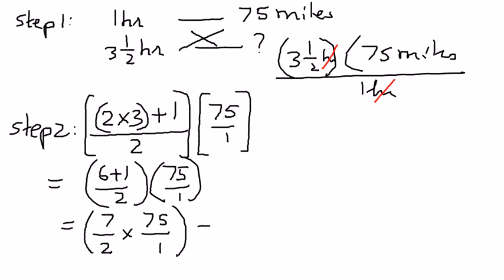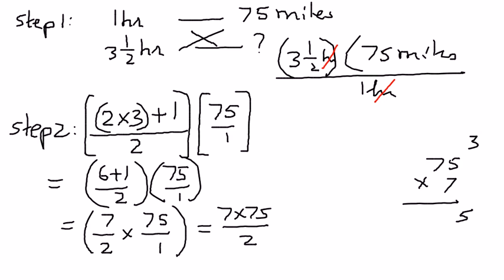Therefore, we're going to multiply the numerators, 7 times 75, divided by 2. We take 75 and multiply by 7. 7 times 5 is 35. 7 times 7 is 49. 49 plus 3 is going to be equal to 52.